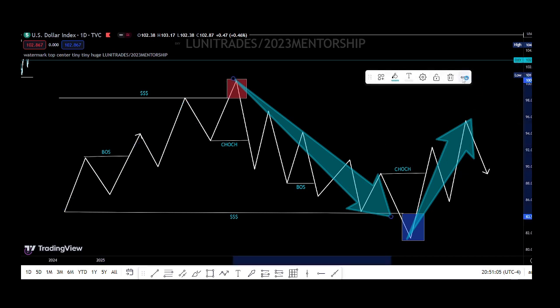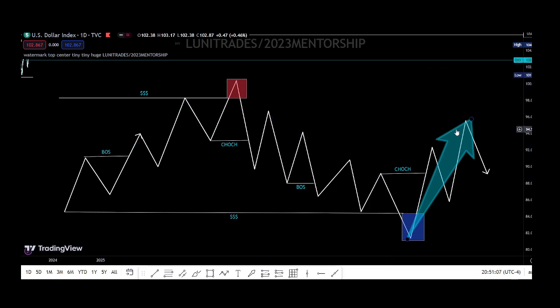So in ICT, the way the market moves is in two ways. Now, let's say the uptrend, after this pull up, a leg down, another pull up, right? Breaking this other high, we call that BOS, that is break of structure.